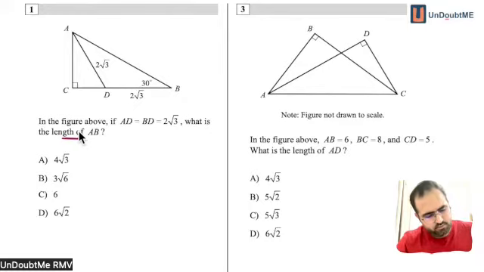AB. Look at the diagram carefully and try to think.